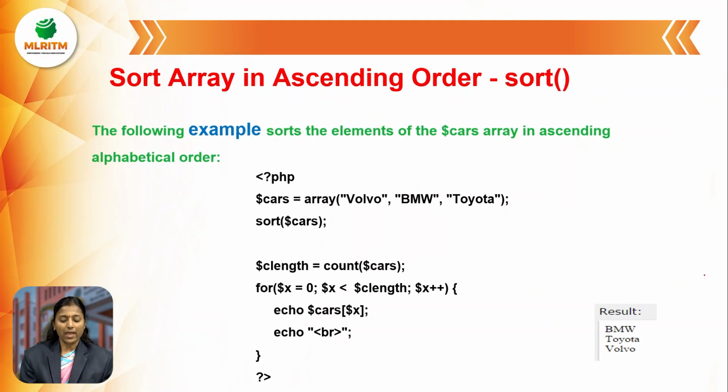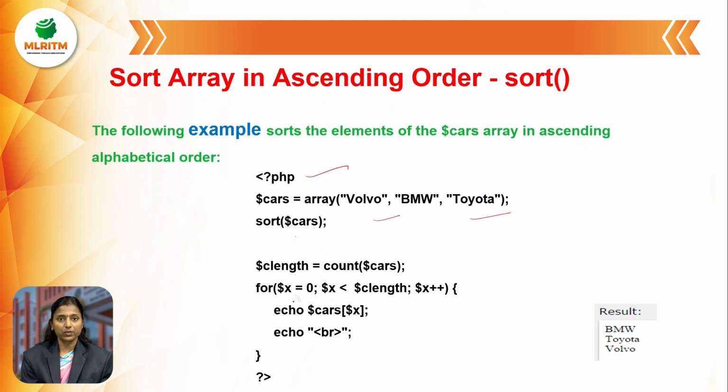Okay, for example, first we will see the ascending order sort. This is an example. The ascending order will be printed according to alphabetical order. Okay, the PHP cars array: Volvo, BMW, Toyota. sort($cars). Okay, $clength = count($cars).